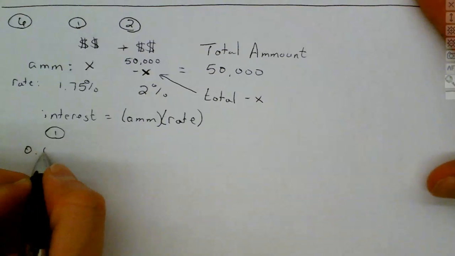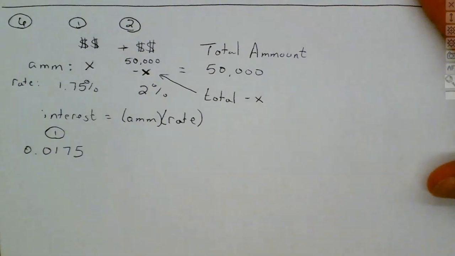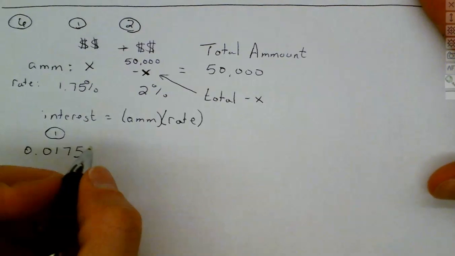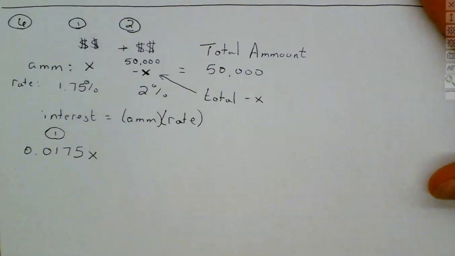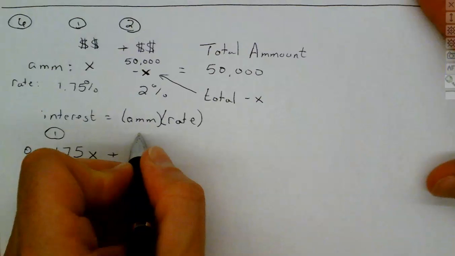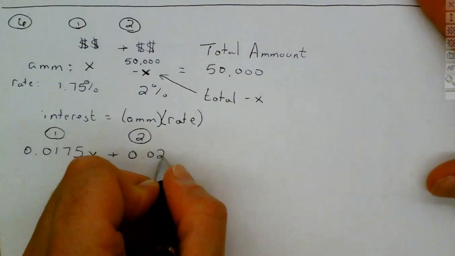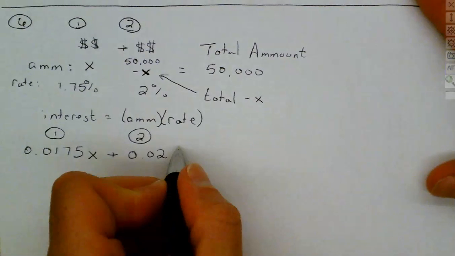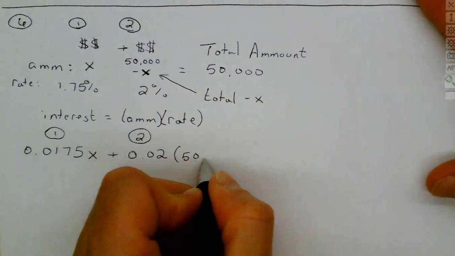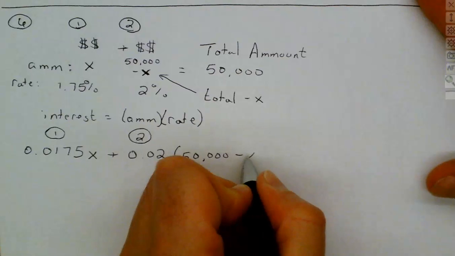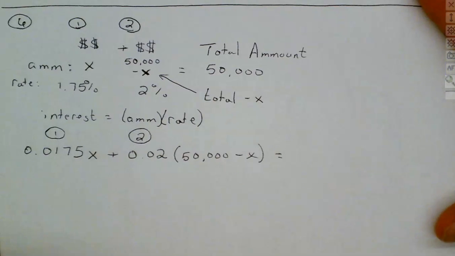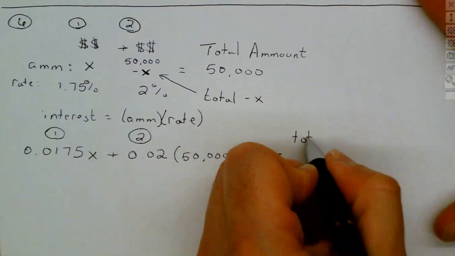That's 0.0175 as a decimal, and bring down the X with it. Those go together. Then we've got our second one, which is 0.02 for the percentage rate, times your 50,000 minus X. And on the right-hand side, this is the total interest.